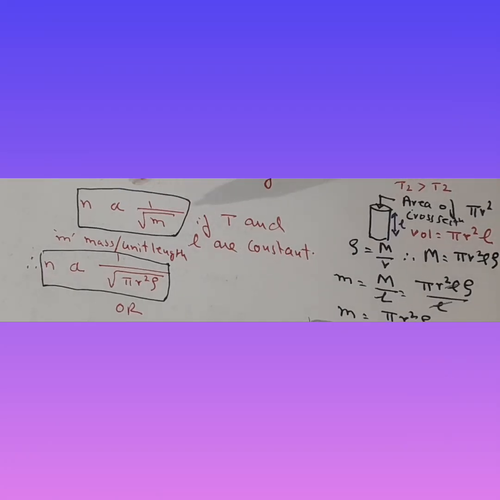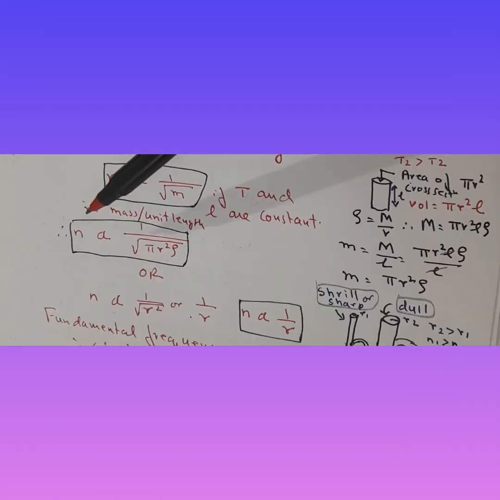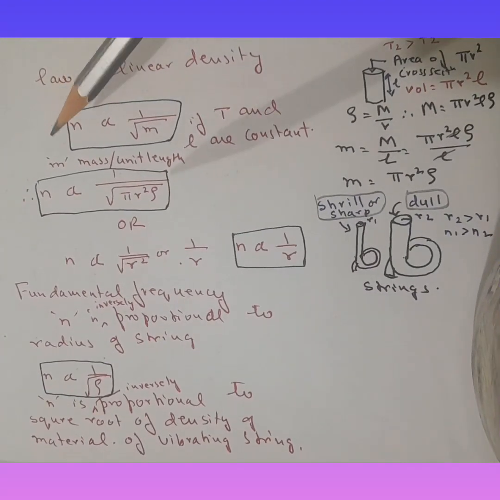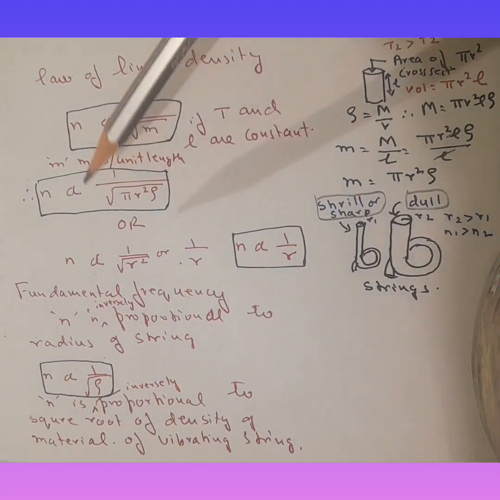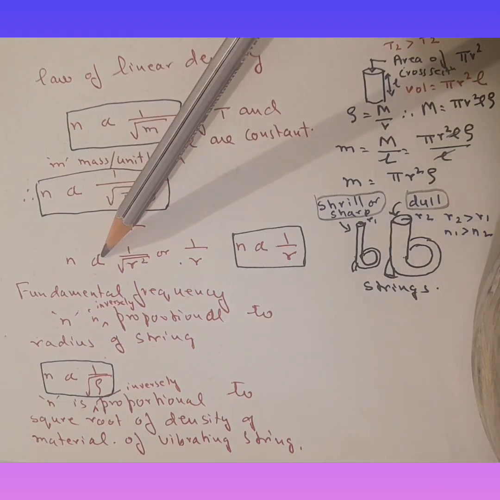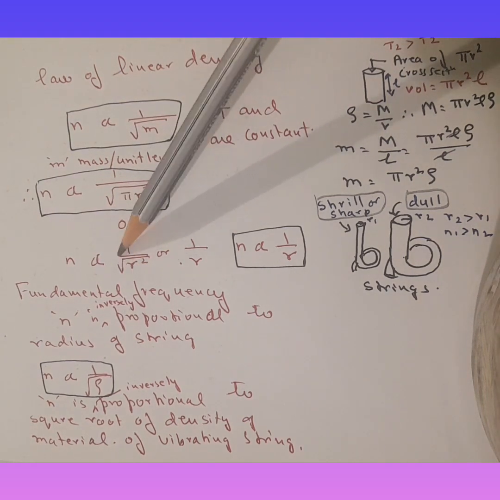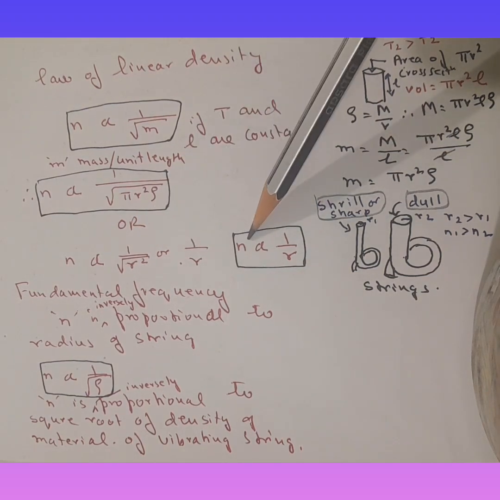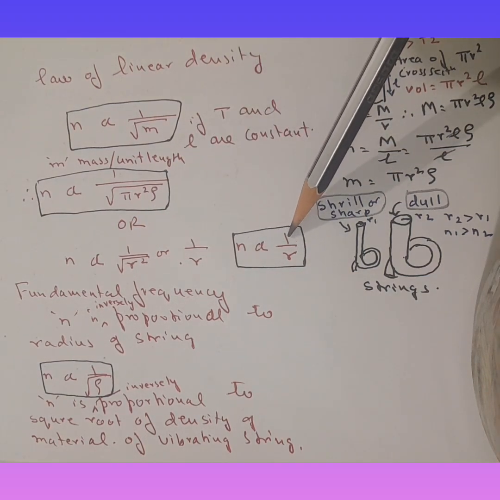So the formula can now be written as frequency is directly proportional to 1 upon root of pi r square rho. Taking individually, in terms of radius, n is directly proportional to 1 upon root of r square. Since root is there, the square disappears and it becomes 1 over r.